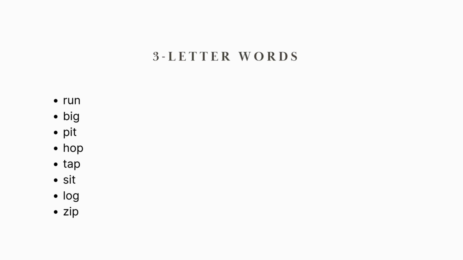For example, if you give them r, n, which word is created when you say r, n, and they could say run, right? So next word, b, ig. They would say big, it, pit, op, hop, app, tap.